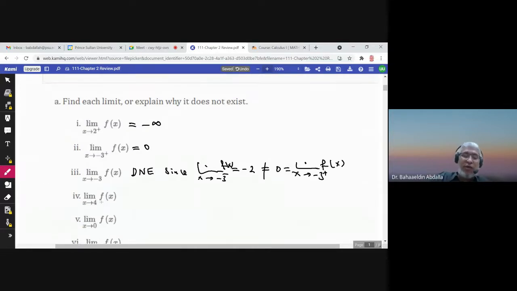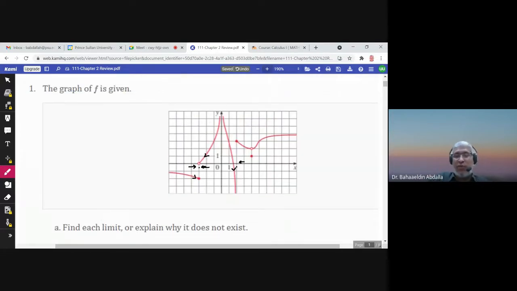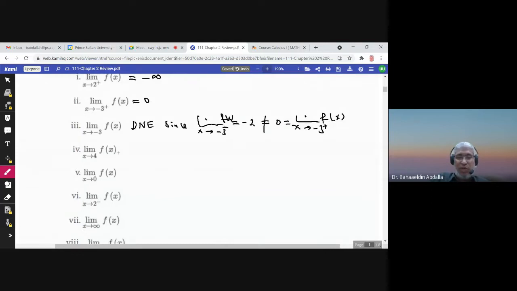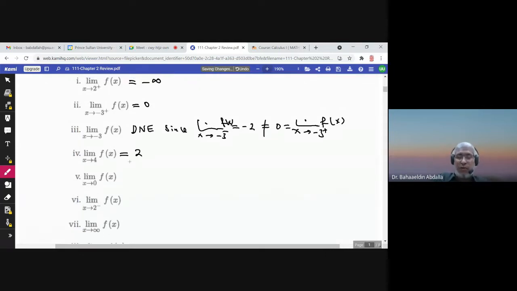The limit of f of x when x approaches 4. 1, 2, 3, 4. This is 4. Approach 4 from the right. The function approaches this number, which is 2. Approach 4 from the left. The function also approaches 2. So the limit of f of x when x approaches 4 is 2.